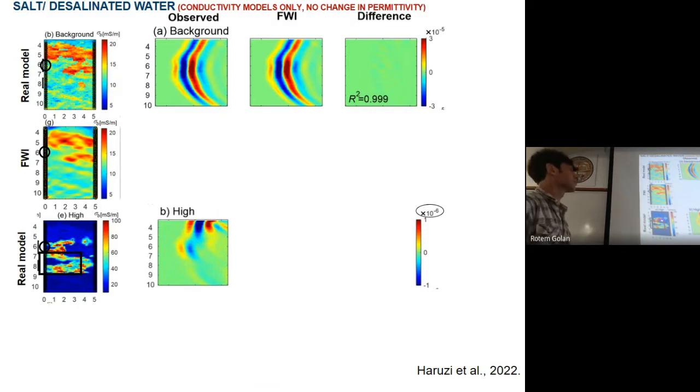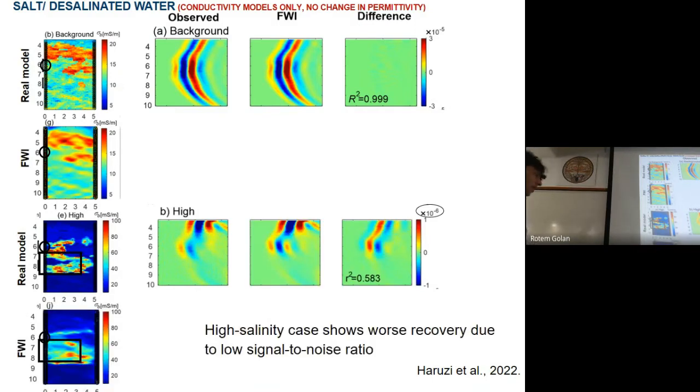This is a test of a positive and very high electrical conductivity tracer. Here we see that the data, especially at the bottom part, is decreased a lot because of the high electrical conductivity. We see that at the full waveform inversion the recovery is now not as good.